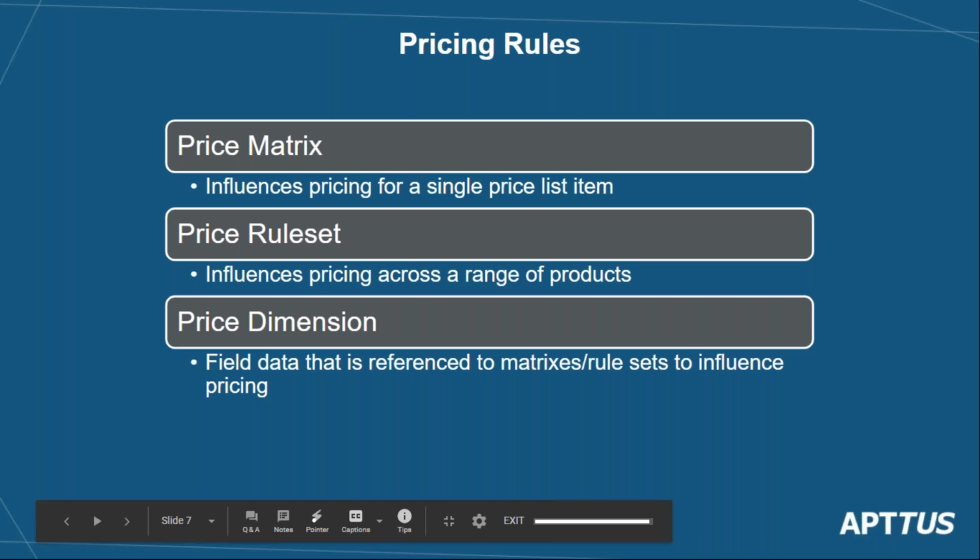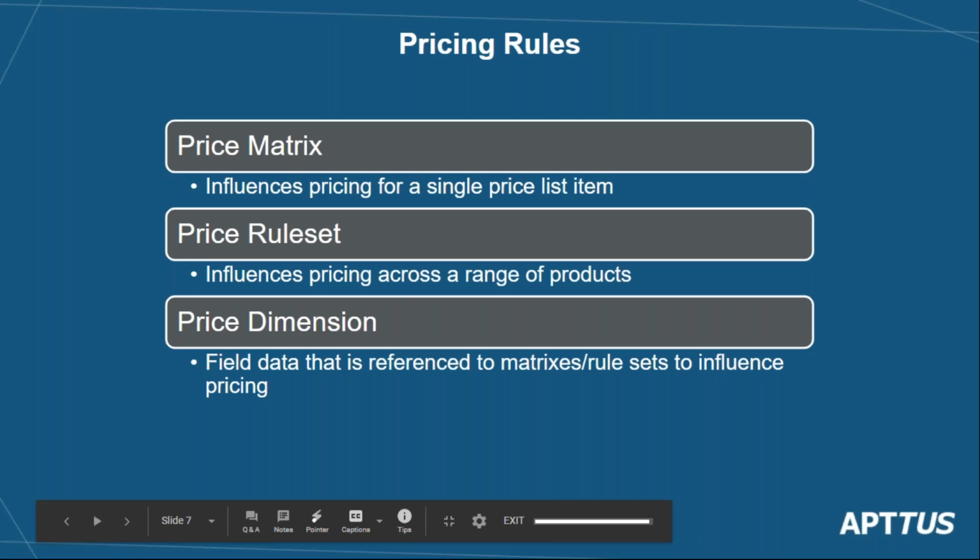That means it is applicable to a single product, whereas rule set will be applicable to a range of products. You will not create a rule set for a single product. You will create a rule set if you have to talk about multiple products. If you have to make changes in the pricing of multiple products, then you will use rule set. And if it is for a single price list item, that is a single product, then you will use price matrix.